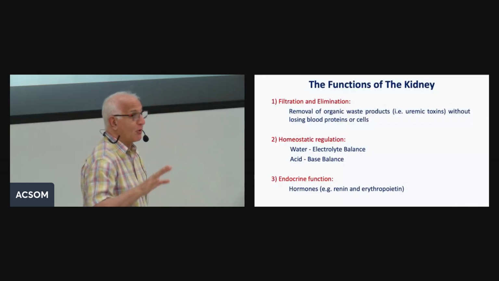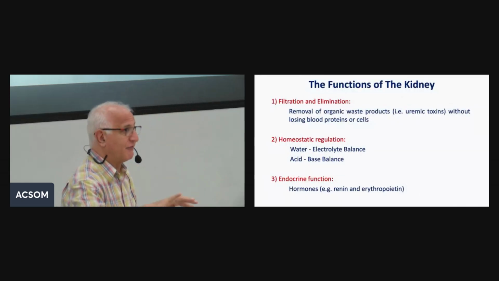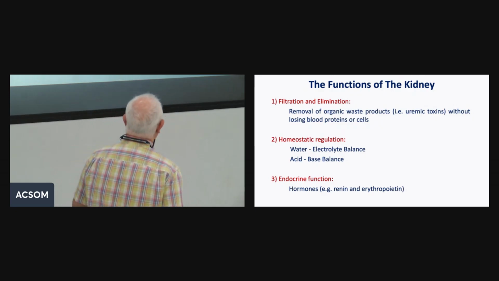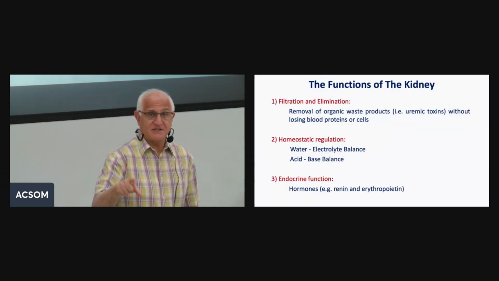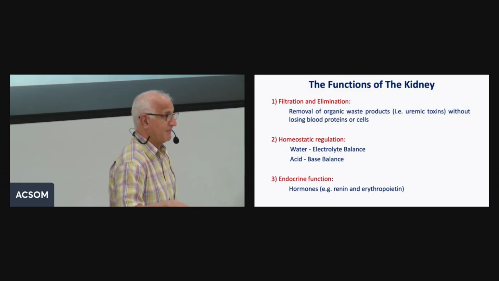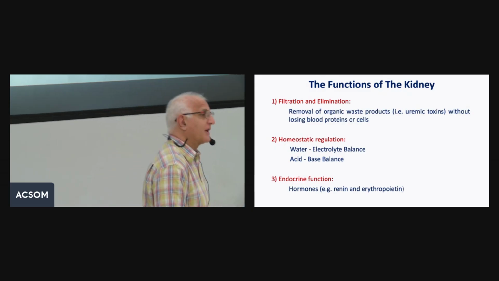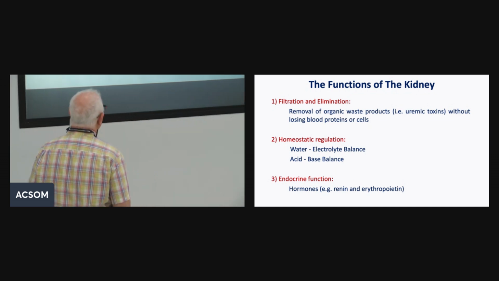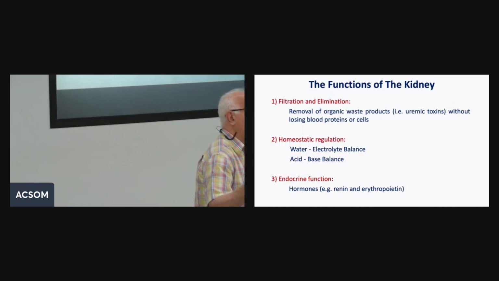Filtration and elimination is probably the most important function of the kidney. Homeostatic regulation: water and acid base. Acid base, I think you learned about it last week. Water balance, we are going to talk about it today, second session. Endocrine function, the hormones: we talked about the renin, right?